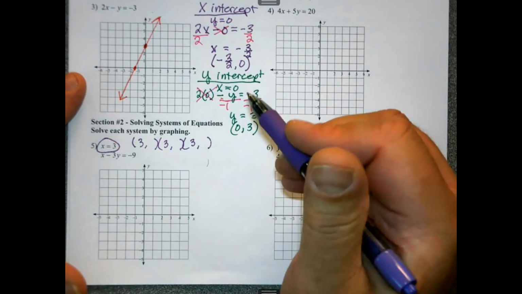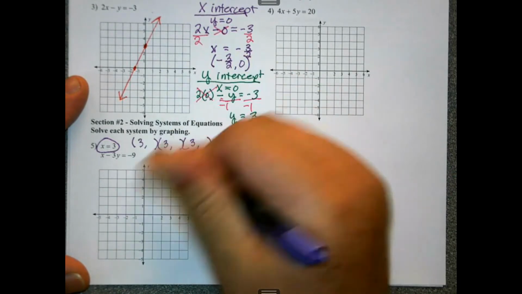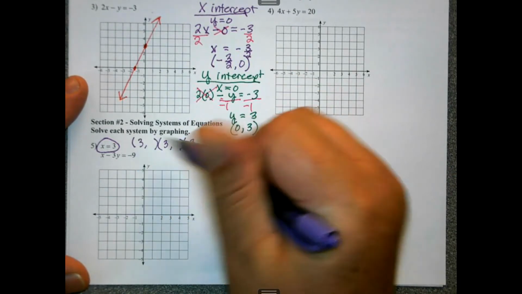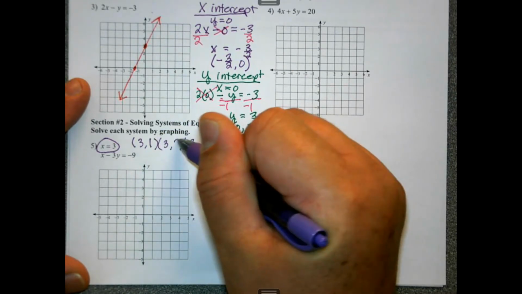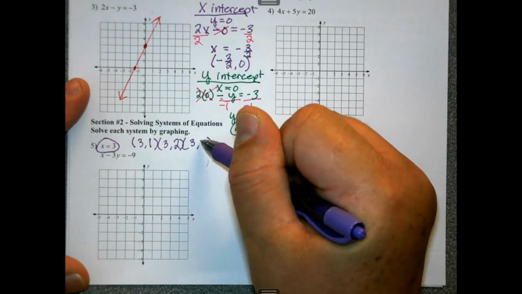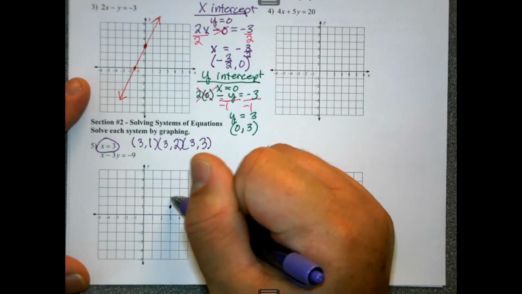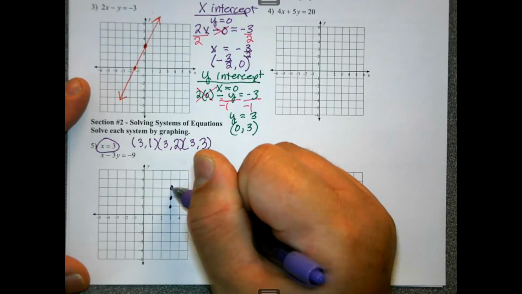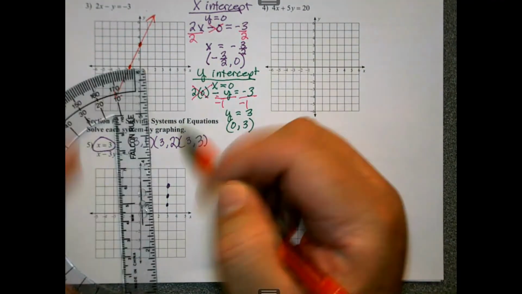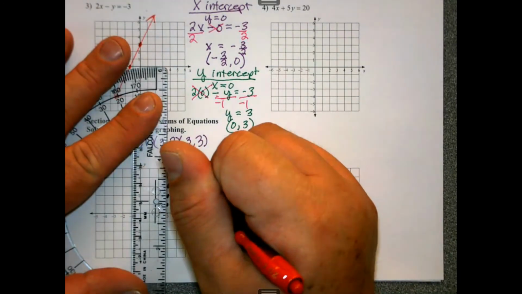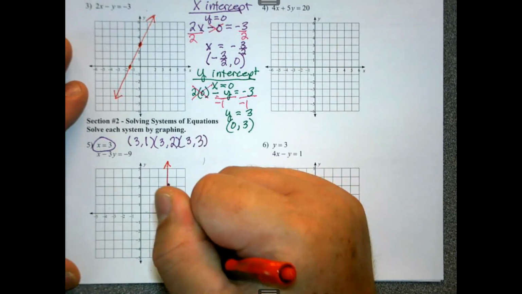Y can be anything it wants because x is the one that's going to be stationary. So I could have 3 1, 3 2, maybe even 3 3. So what kind of line do I have? A vertical line at x equals 3.